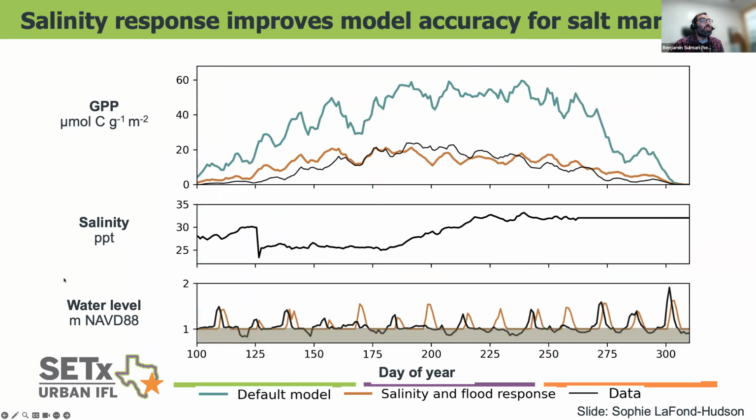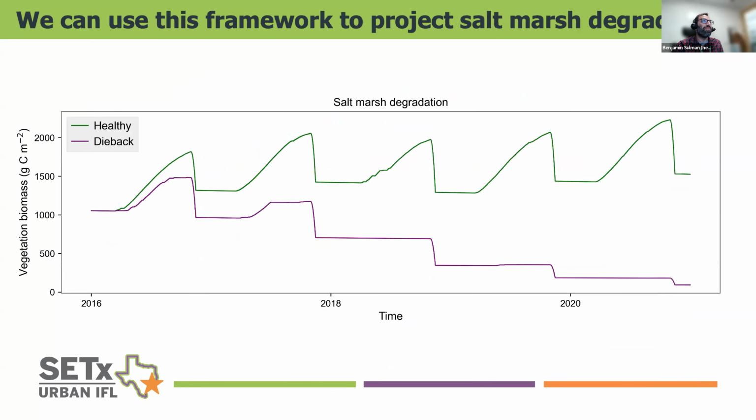We can show from some previous work that including the salinity and flooding responses of vegetation in ELM does help us to do a better job with simulating productivity of marshes and other wetland ecosystems that are subject to saltwater intrusion.